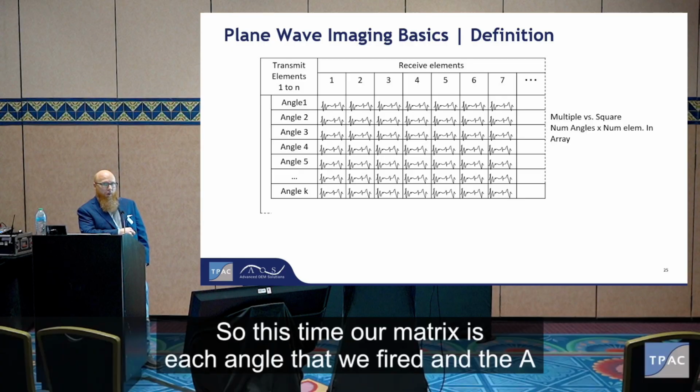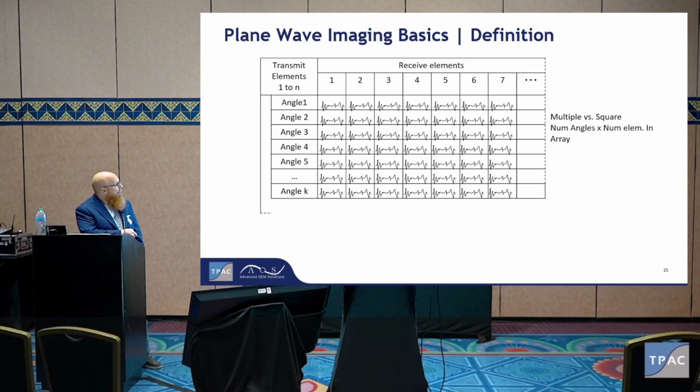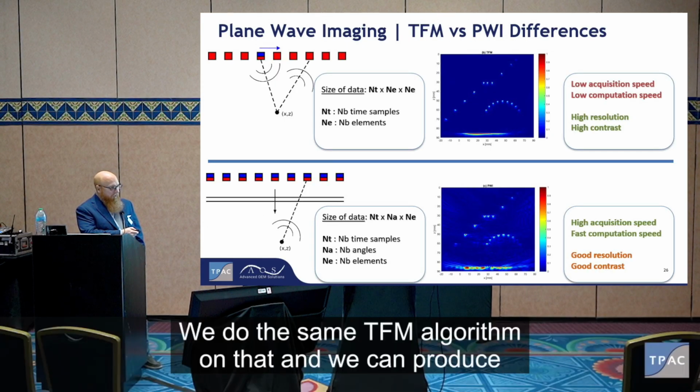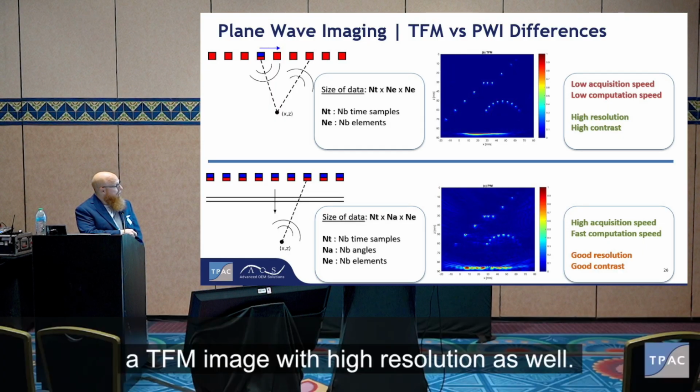So this time our matrix is each angle that we fired and the A scan received on each element. We do the same TFM algorithm on that, and we can produce a TFM image with high resolution as well.